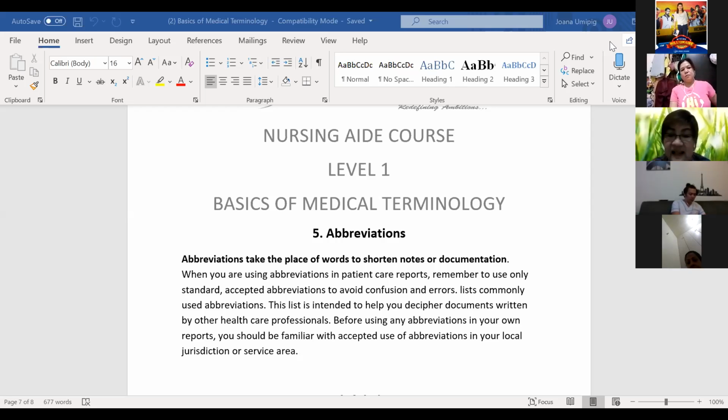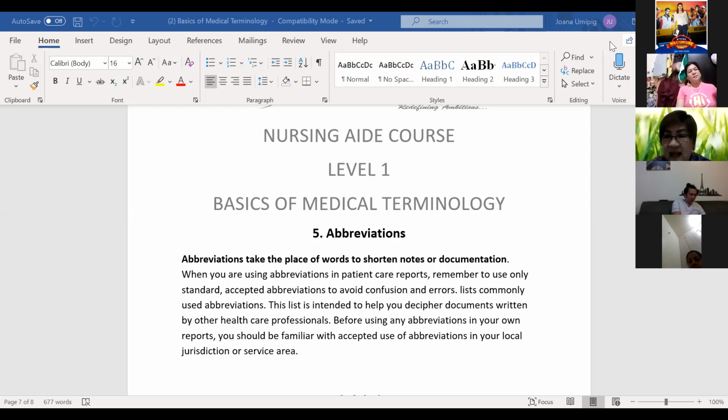The list is intended to help you decipher documents written by other healthcare professionals. Before using any abbreviations in your own reports, you should be familiar with the accepted use of abbreviations in your local jurisdiction or service area. Okay?